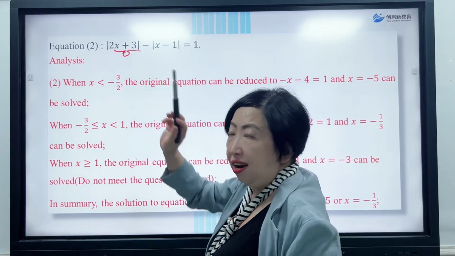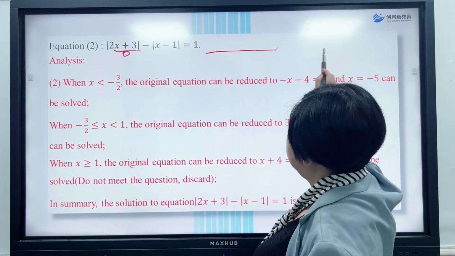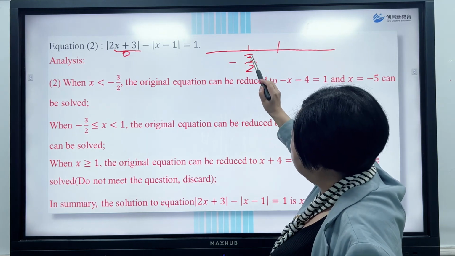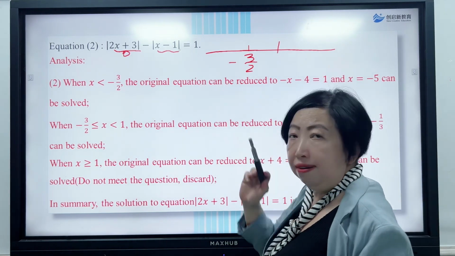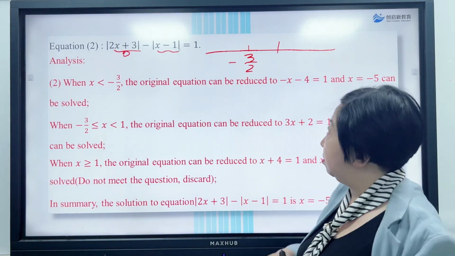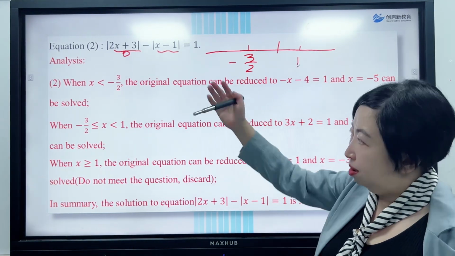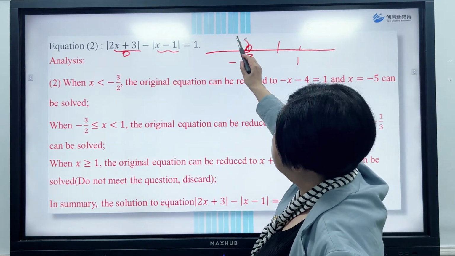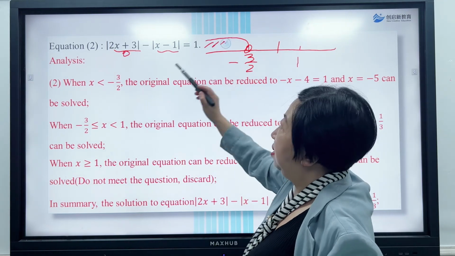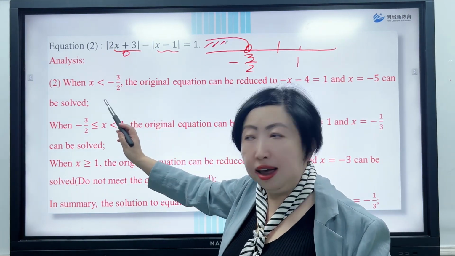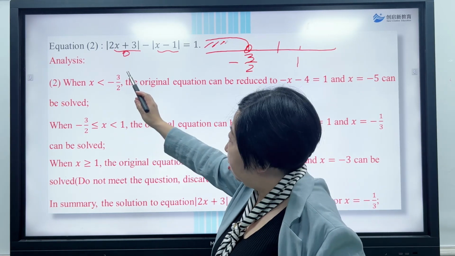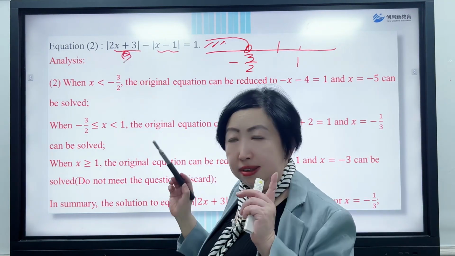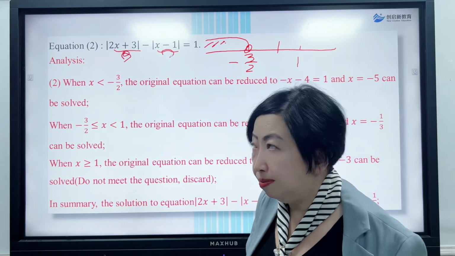Now for an equation with two absolute values. If 2x plus 3 is 0, x is negative 3 over 2. If x minus 1 is 0, x equals 1. So we must have 3 parts. If x is less than negative 3 over 2, then here is a negative number and here is a negative number too.